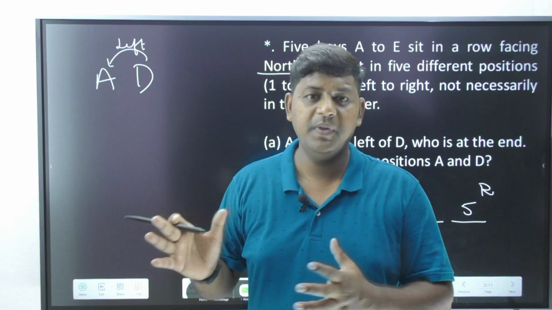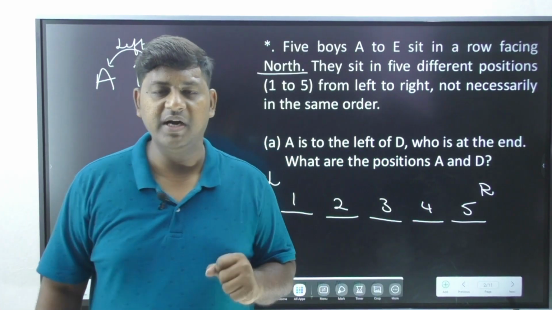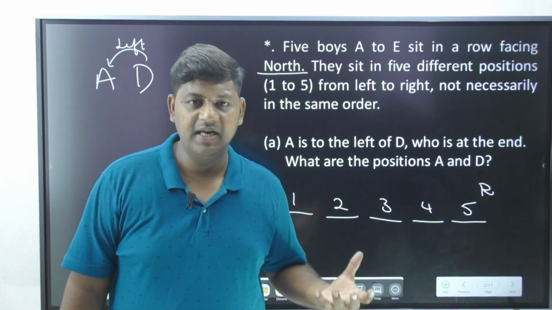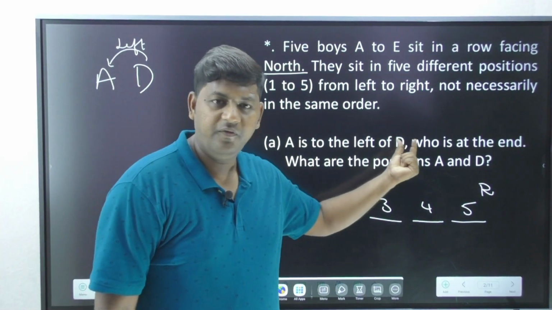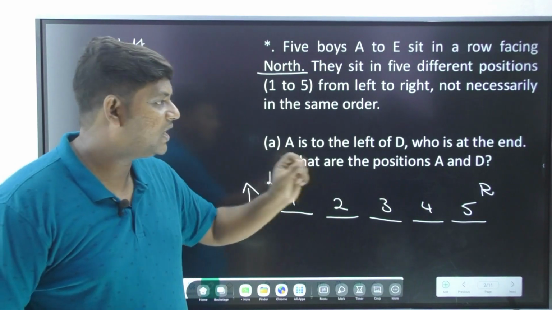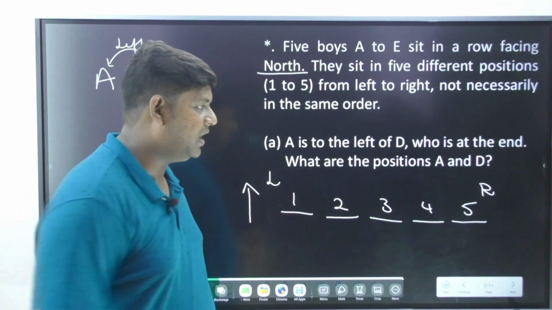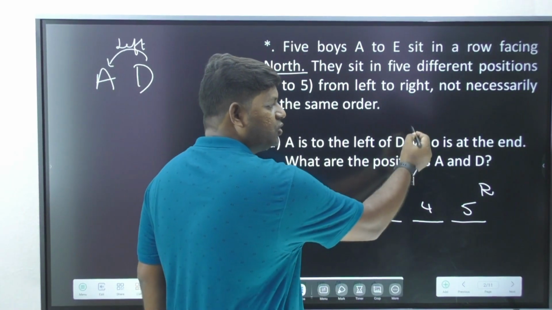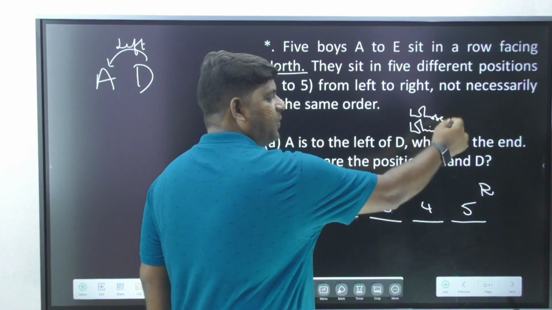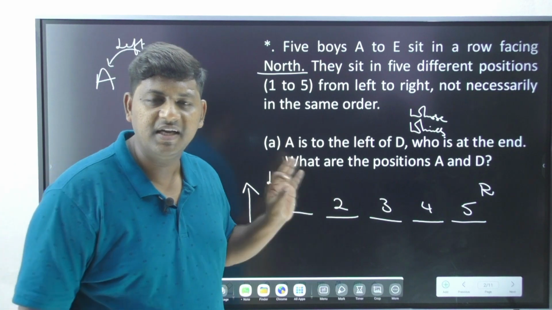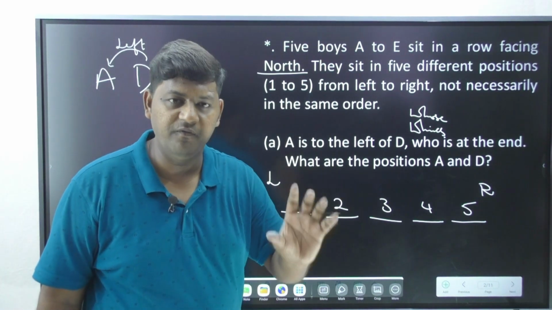From the right side person's point of view, we understand the side, whether it is left side or right side. Now here, A is to the left of D, comma, who is at the end. Whenever you come across who, which and whose, please remember these 3 keywords are given in order to confuse you.